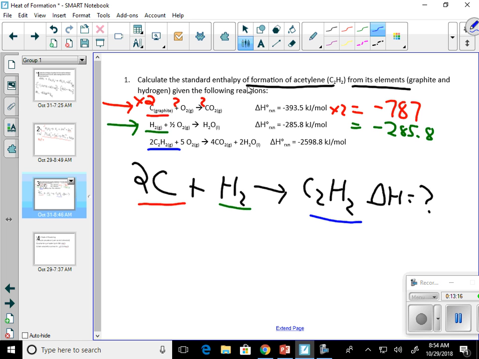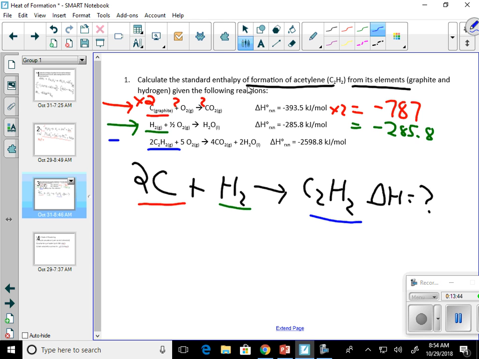I kind of flip it, in other words, to get my C2H2 on the product side instead of the reactant side. Make it the opposite. If a forward reaction is exothermic, a reverse reaction is endothermic. If I multiply by a negative, I can make that happen. I can flip the direction of the reaction. This is actually something that we went over, I think it was day 1 of introducing these types of reactions.